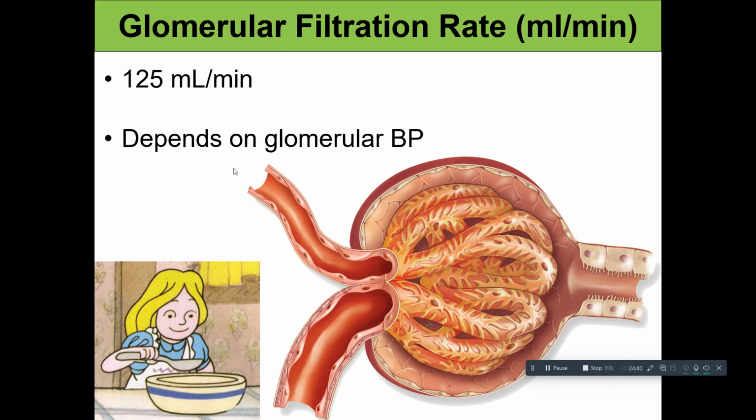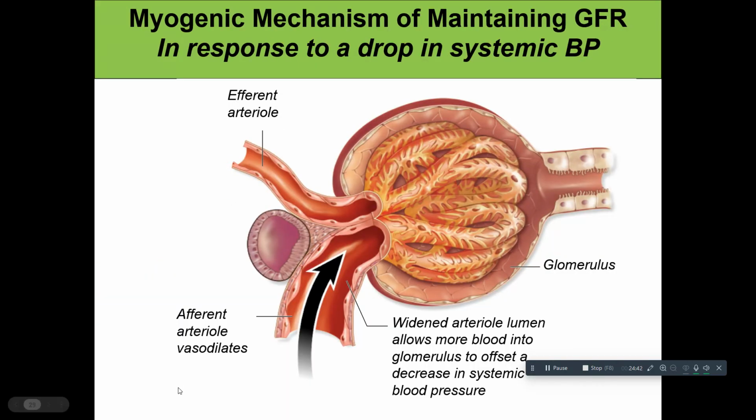And one of the main ways I am going to maintain my glomerular filtration rate is something called the myogenic mechanism. Myogenic means created by muscle, and it's due to the smooth muscle in the afferent arteriole.